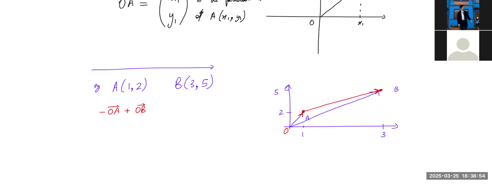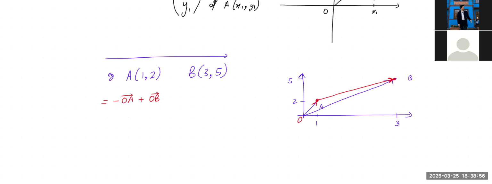So something interesting has been concluded here. The fact that to find the vector between any two points A, B, we simply have to find the difference of their position vectors, the ending point minus the starting point. So this is a general rule now. We can find a vector between A and B by doing B minus A, the position vector of B minus the position vector of A. Okay? And this will be extremely, extremely vital.